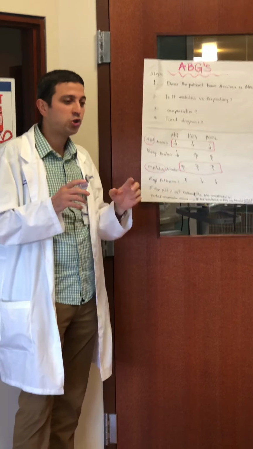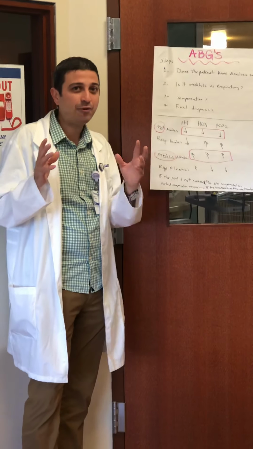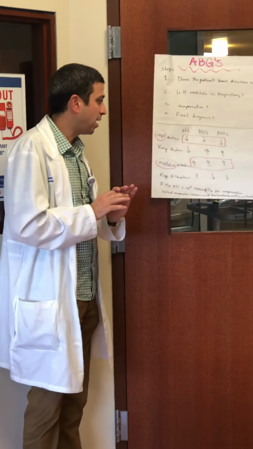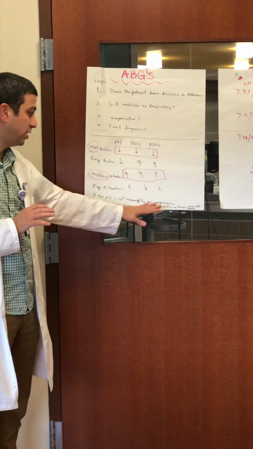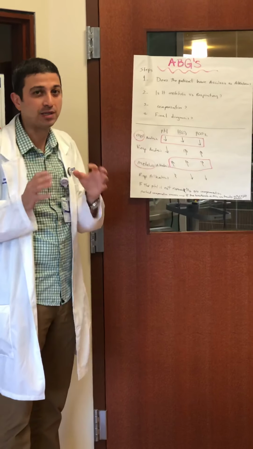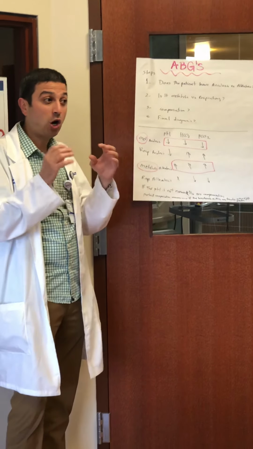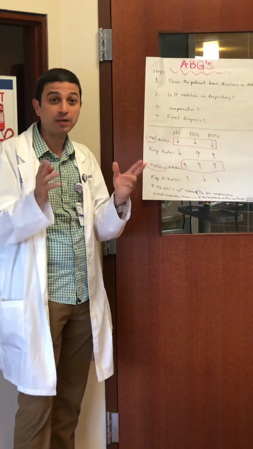So give or take 2 points on each side, if your pH is not within that range, then it's very unlikely that you have compensation, or you might have partial compensation but not full compensation. If you have full compensation, then your pH has to be within that normal range.